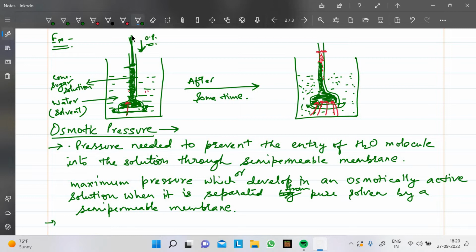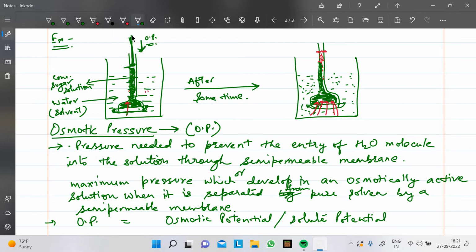If we talk about the numerical value of osmotic pressure, then osmotic pressure, or OP in short, is always equal to the osmotic potential, or we can call it solute potential.